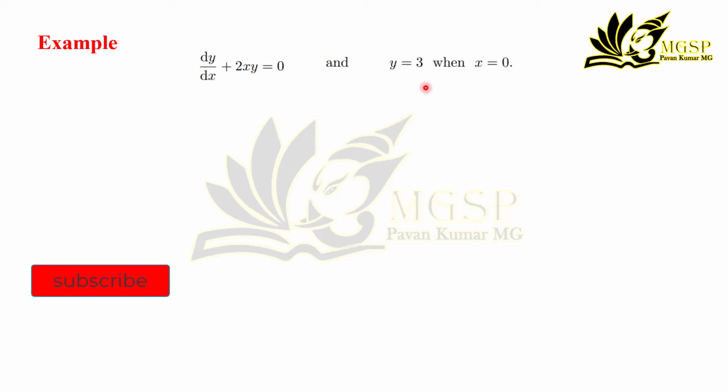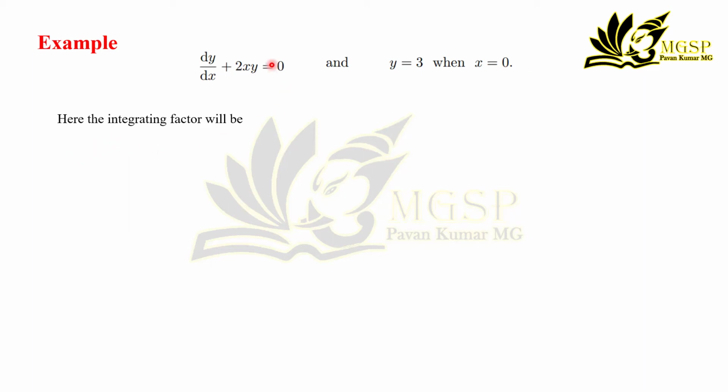Let's take an example of how we can solve dy by dx plus 2x y is equal to 0. This is a first order linear differential equation, and I have taken the initial condition y is equal to 3 when x is equal to 0. What is the integrating factor? I is equal to exponential of integral p of x, and the p of x term is 2x.